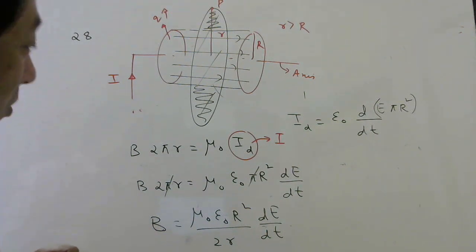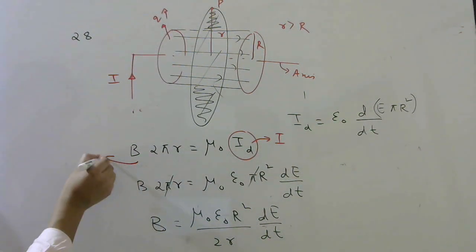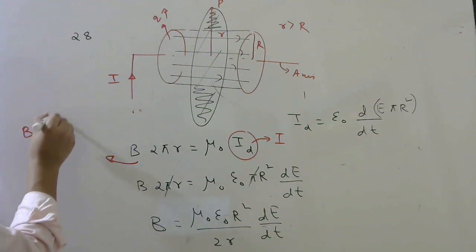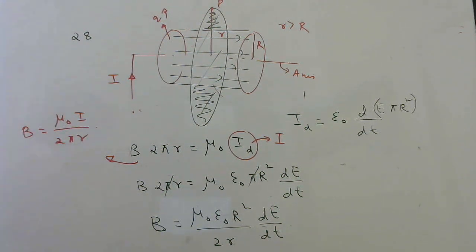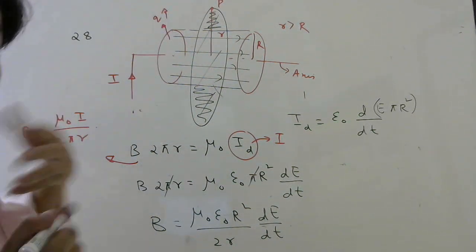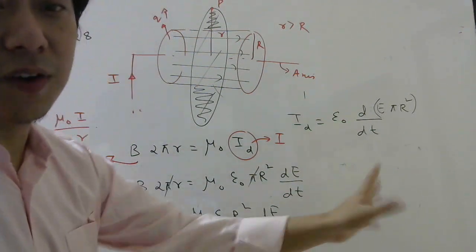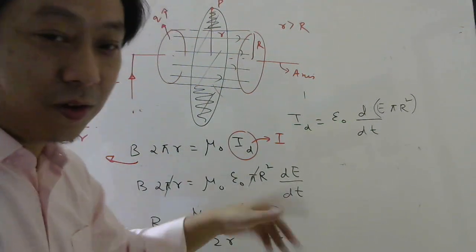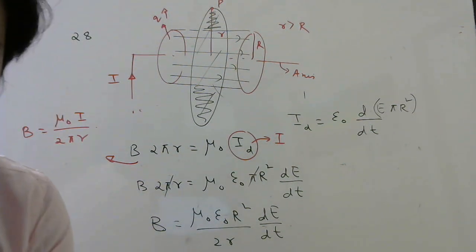So we can replace this by this, and then your formula in terms of that will be mu naught actual current by 2 pi r, which you have seen many times. So if I want outside, you can directly use this if you can find the current easily. But if they give you electric field as some function, then you have to use this one to do the differentiation.